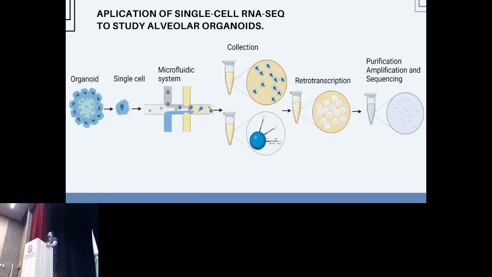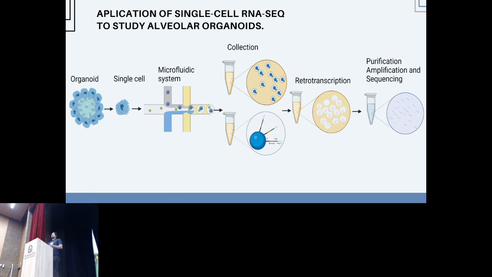For example, if we use single-cell technology, in this case single-cell RNA-seq technology, we can model the transcriptional activity within each cell type that is part of the organoid.